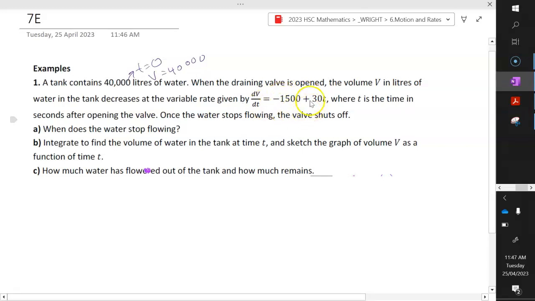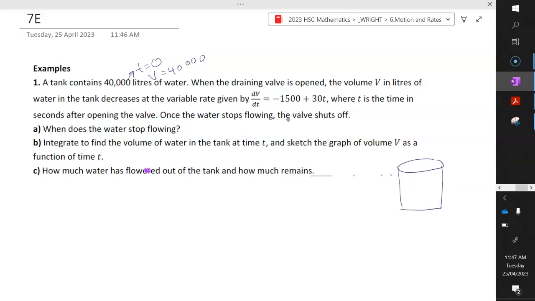And this is the rate that the water flows out in seconds. But we can shut the valve by just putting the plug back in or moving the lever and it stops flowing again. We don't know when that's going to happen. So that's basically the scenario that I'm thinking of. If you need to draw yourself a little tank and think of what's happening there, there might be a little plug or a little stopper at the bottom that you move that lever around and the water comes out.